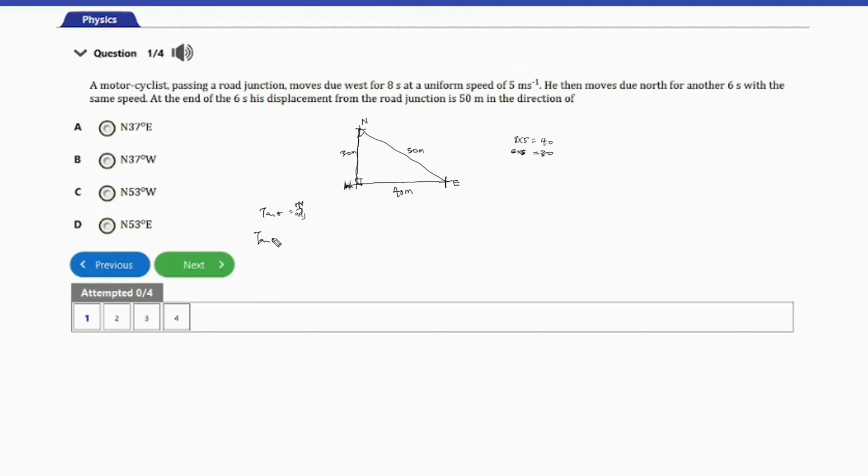So in that case we have tan theta to be 40 over 30, where tan theta is equal to 4 over 3, and then theta will be tan inverse of 4 over 3, and that's 53 degrees. Checking the direction here, the motorcyclist actually moved 53 degrees west of north, and that's option C.